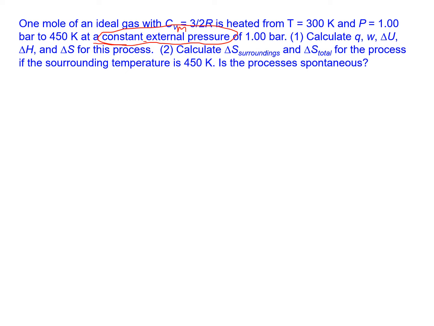The W should be calculated by negative external pressure times volume change. Because we don't have the volume, we need to calculate it, so use the ideal gas law. We have temperature, pressure, number of moles, and also final temperature.